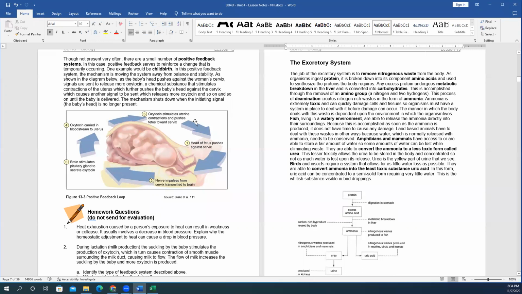So this is an example of the positive feedback system, where the system is being pushed to move away even further from balance until eventually that initiating signal is removed. In this case, once the baby's born, the baby's head is no longer pushing against the cervix. It's no longer sending impulses to the brain to release any more oxytocin.